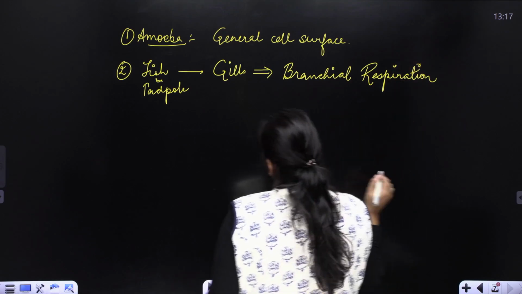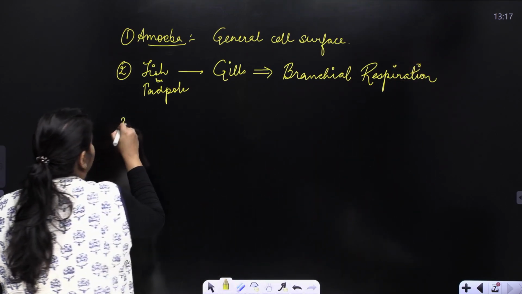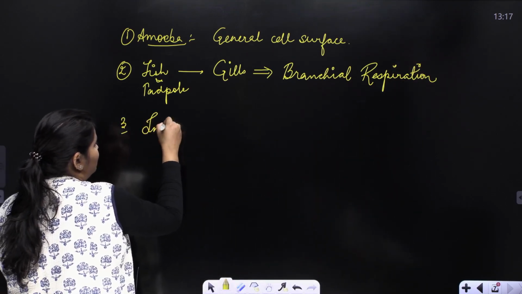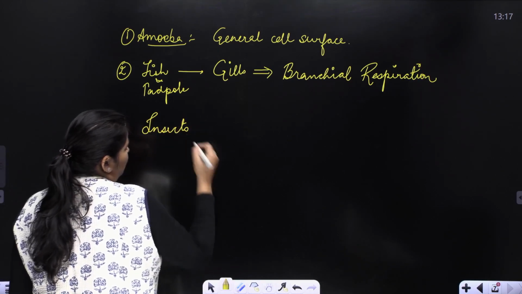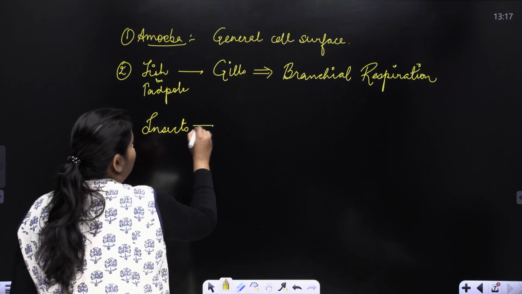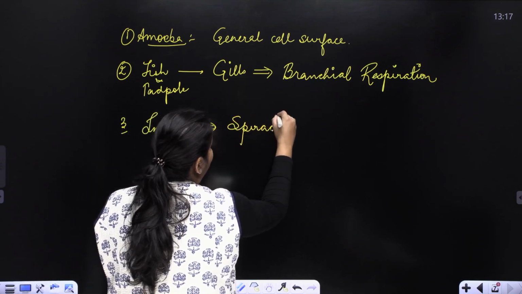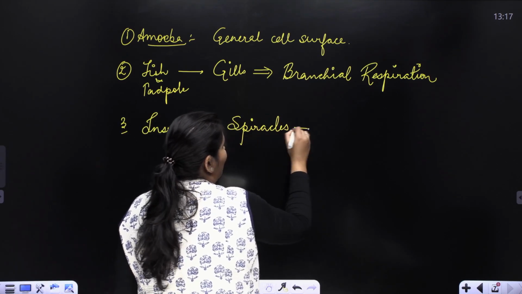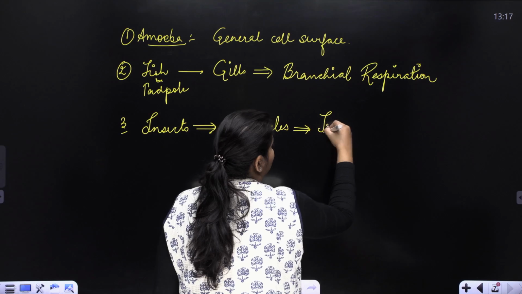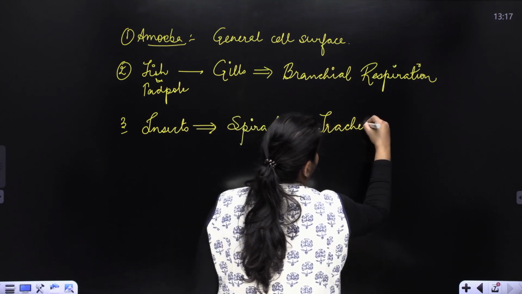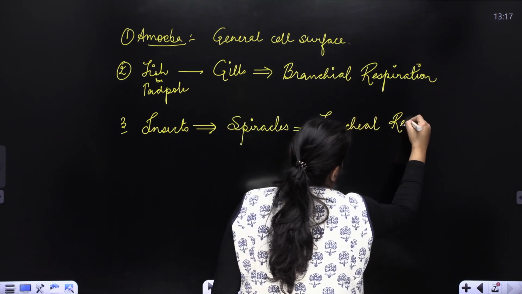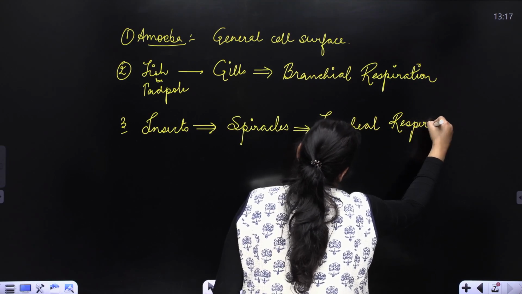In other organisms like insects, like your grasshopper, they have spiracles for gaseous exchange, and this is known as the tracheal respiration.